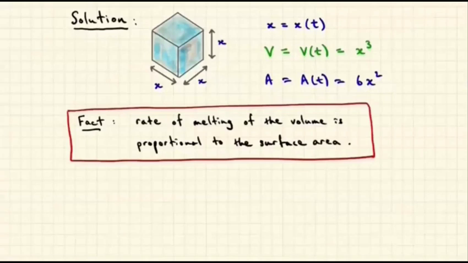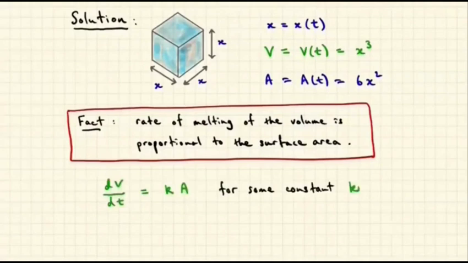The rate at which the volume changes with time is the derivative dV/dt. And this fact states that dV/dt is a constant multiple of the surface area A, say k times A for some constant k.